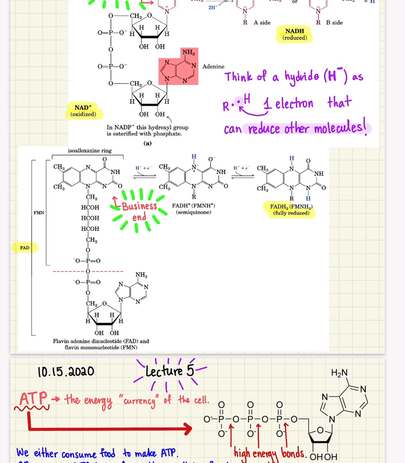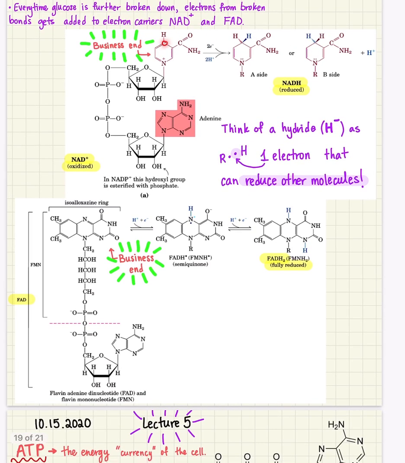Sorry about that. It's 2 electrons, not 1 hydride. And so when a hydride is added to a molecule, then you see how it brings 2 electrons with it and reduces the whole molecule.